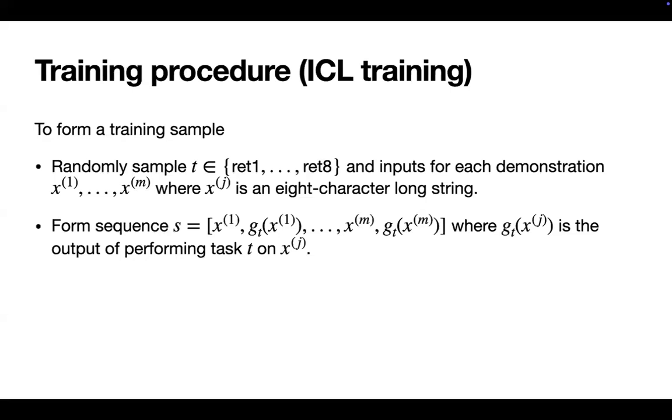For each sample we have m in-context demonstrations, where xj is an 8-character long string. We then form a sequence S. Sequence S is m pairs of x and y labels, where gt of xj is the output of correctly performing task T on the input.